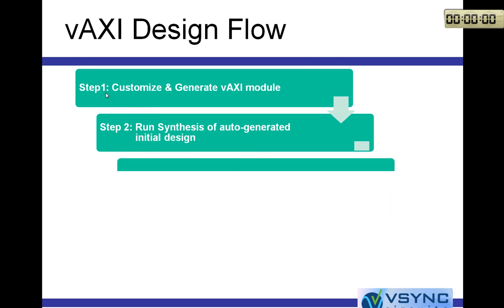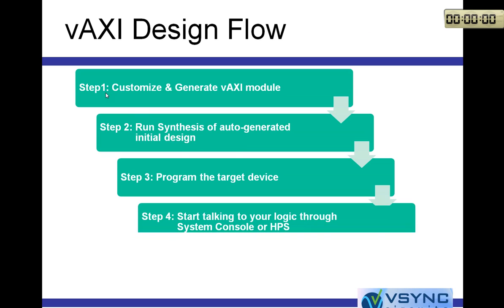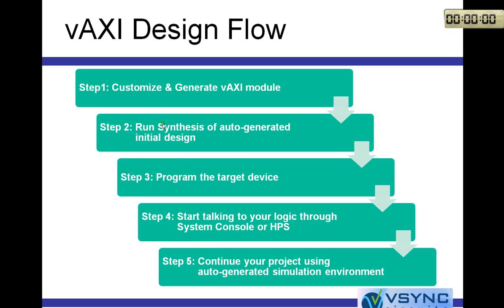During the first step, we will customize and generate the vAXI module. On the next step, we will employ the automatically generated synthesis environment to perform synthesis and place and route of the device. Then we will program the target device, real board, and we immediately could start talking to our custom logic, our memories and register box through system console.